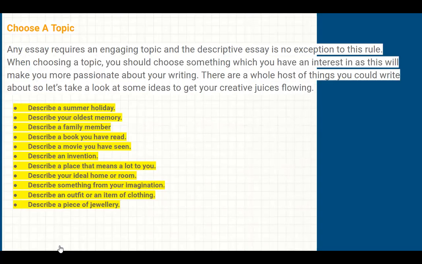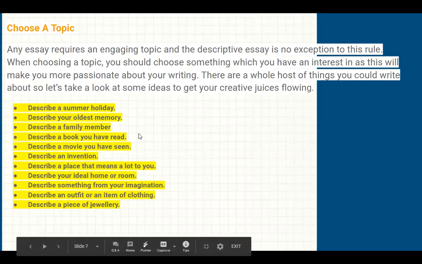So what could descriptive essays be like? You might choose something that interests you more. Why? It gives you the advantage of writing about something you are passionate about, something you really like talking about. There are a whole host of things you could write about, like, for example, last summer holiday.